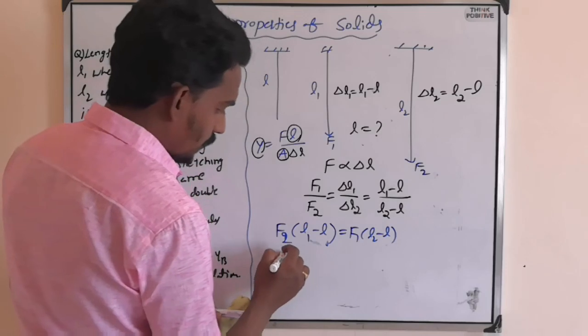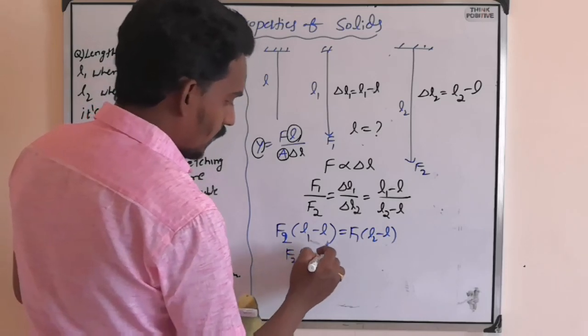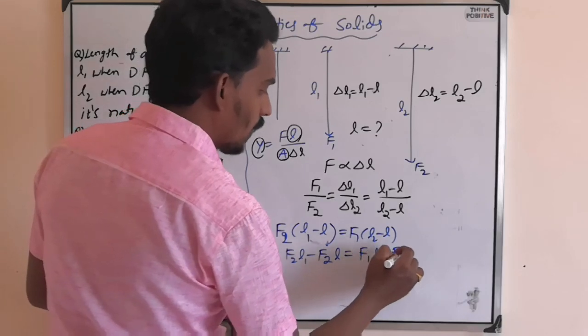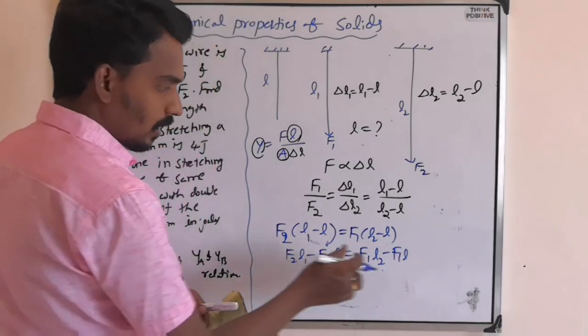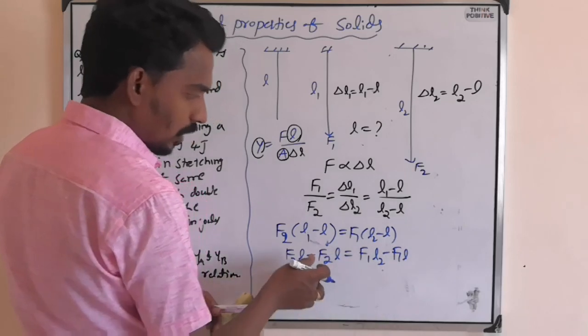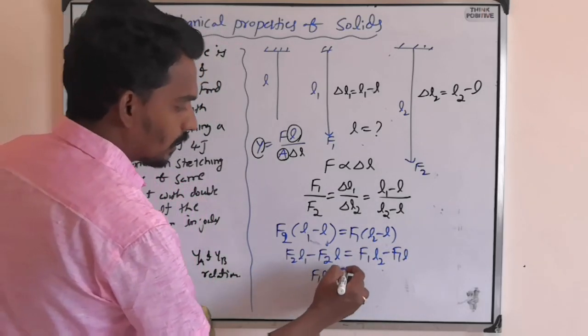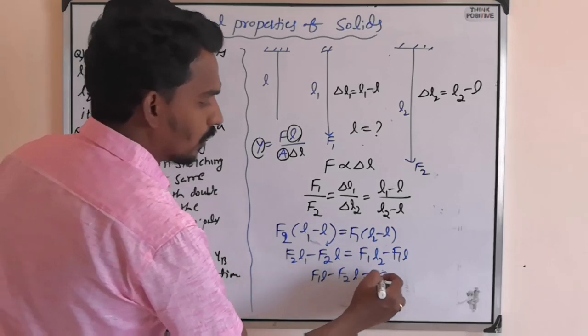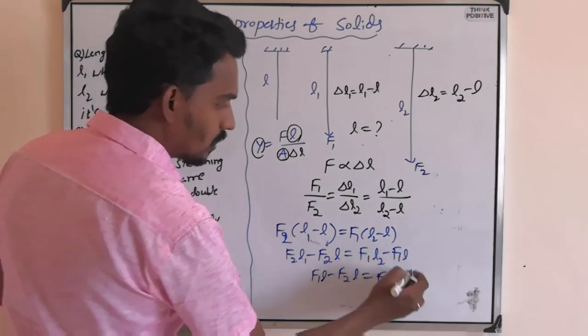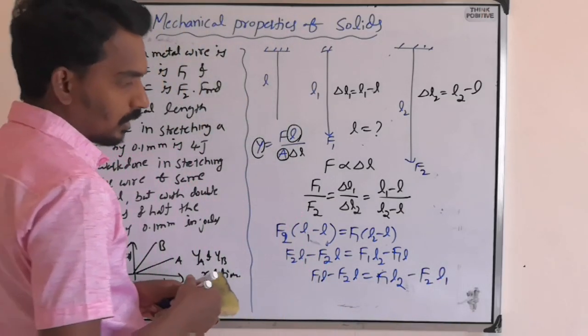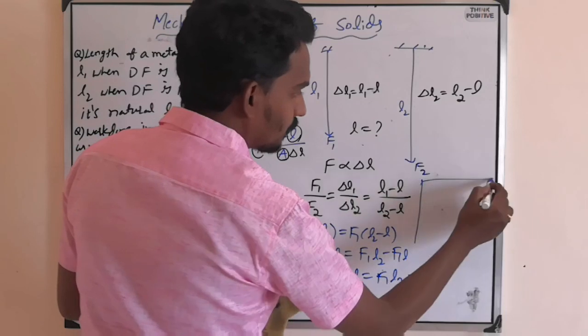Now, F2L1 minus F2L equals F1L2 minus F1L. Now you bring the L terms to one side. So F1L minus F2L equals F1L2, taking the other term to this side, minus F2L1.